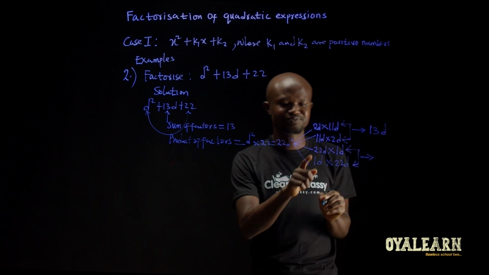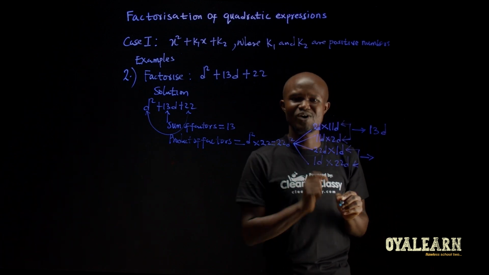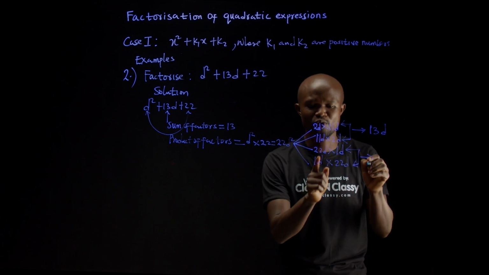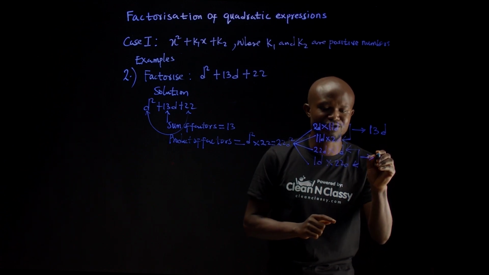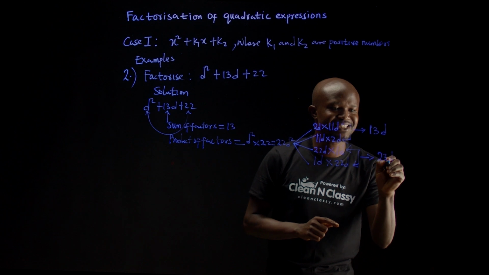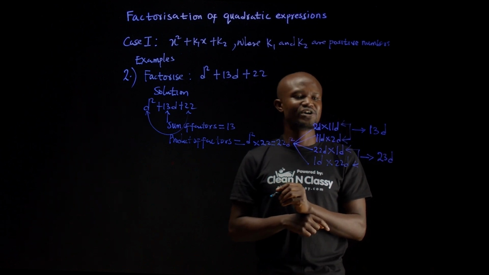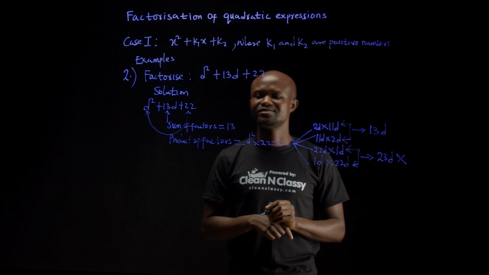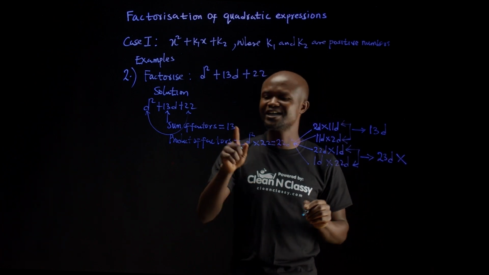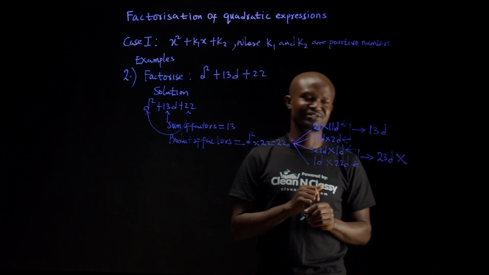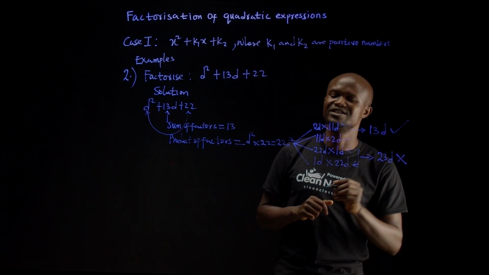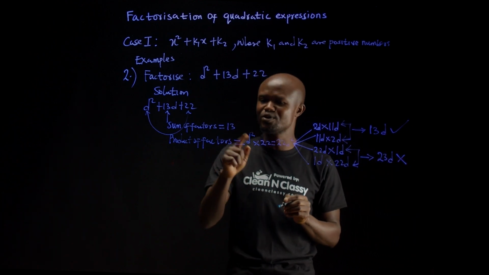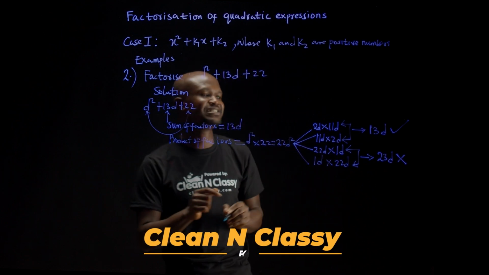Let's add this one. 22d plus 1d, or 1d plus 22d, gives us 23d. Can you see? So this one does not satisfy the sum condition. Why this one satisfies the sum condition? Because for the sum condition, we must have 13d.